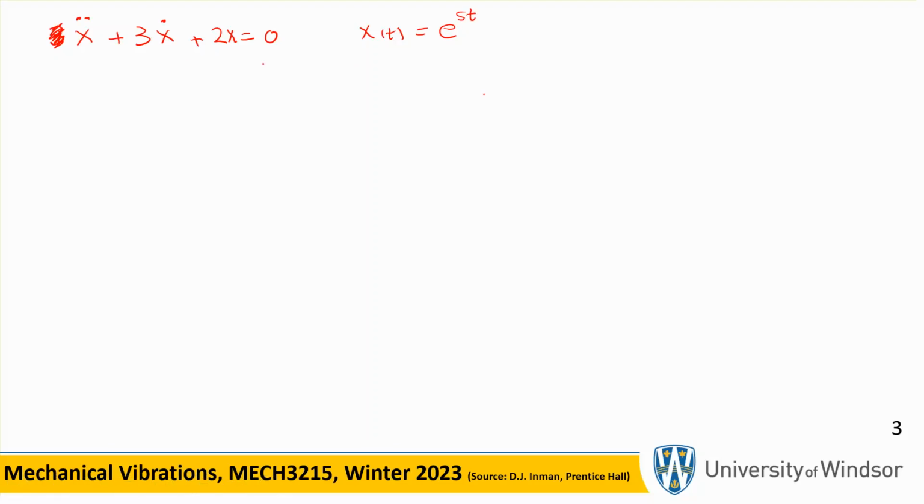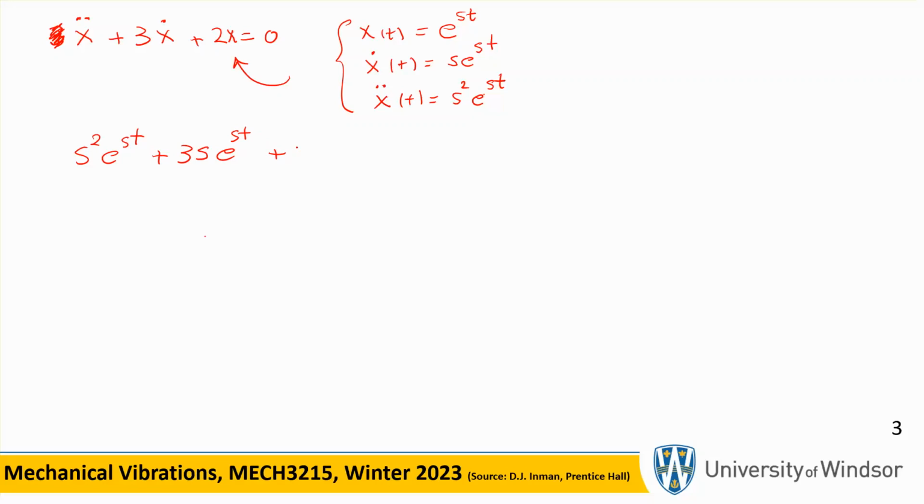We take this and we plug it in. So x dot of t will be s e to the st, and x double dot of t is going to be another derivative of this, which is going to give you s squared e to the st. Now, if you take these and you put them in that equation, you're going to get s squared e to the st plus 3s e to the st plus 2 e to the st equal to 0.